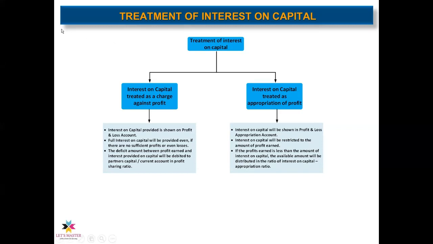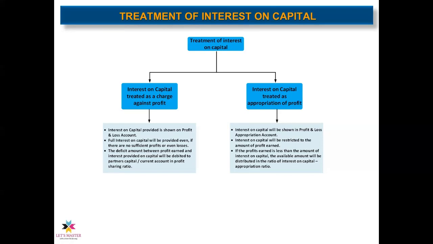As interest on capital treated as a charge is an indirect expense, we record it on the debit side of the profit and loss account. Number two, whether the firm has earned sufficient profits or not, or even if the firm has incurred losses, interest on capital would still be provided if it is treated as a charge.